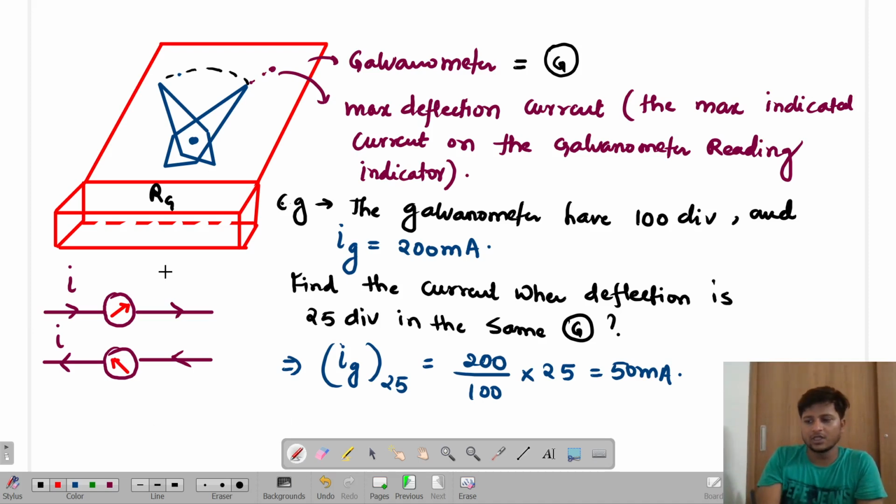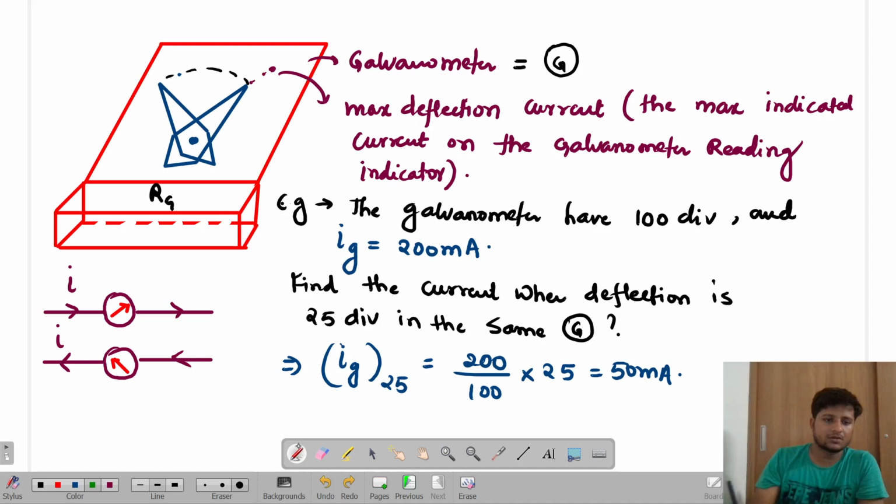In reality, the needle of the galvanometer always points at the center.